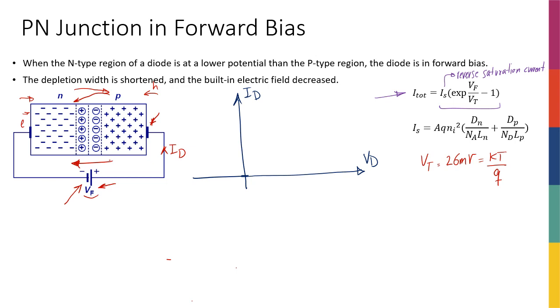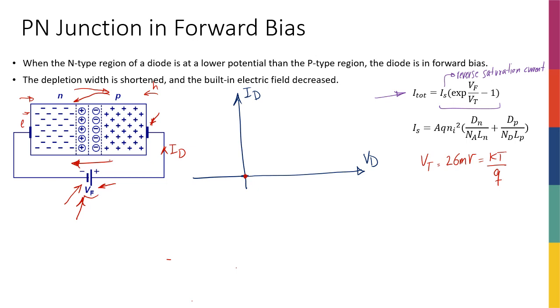Vf is the only variable on the right side of the equation. So now we have an equation that is telling us how the current of our diode changes with the voltage across the diode, if it is a forward bias, meaning that the voltage polarity is in this way, right? The positive terminal connected to the P side. So this point of my plot is the equilibrium, right? No voltage has been applied to my PN junction.